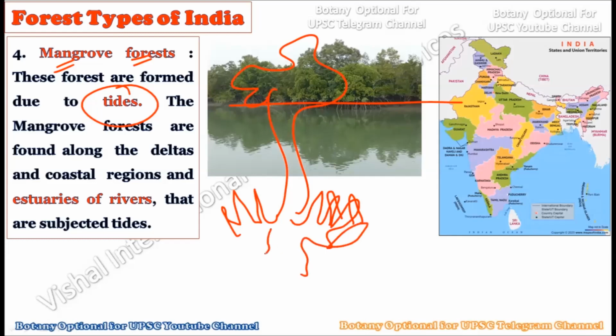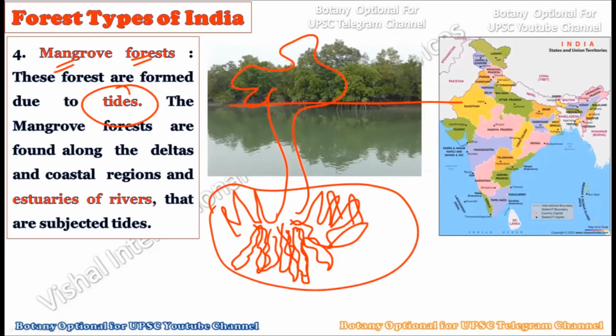Okay, they have a very special kind of root system which is coming above the ground due to the presence of water, and this water creates problems in respiration within the plant, and hence they have the exposed root system. This exposed root system possesses special types of roots called pneumatophores, which are specialized for a special kind of respiration, and these roots also help them to stand against the tides.